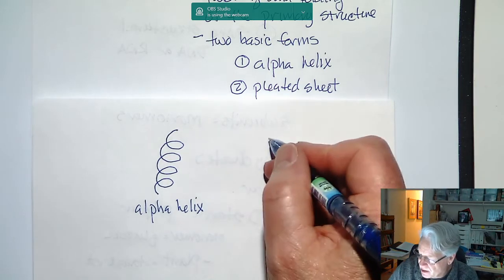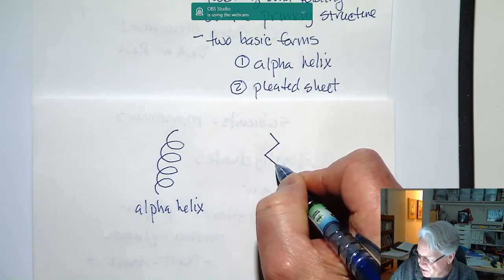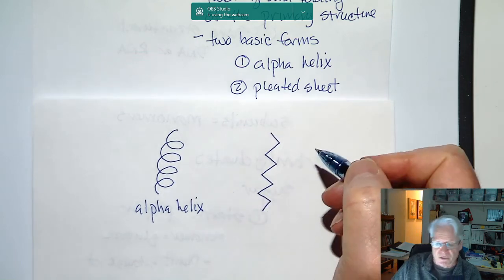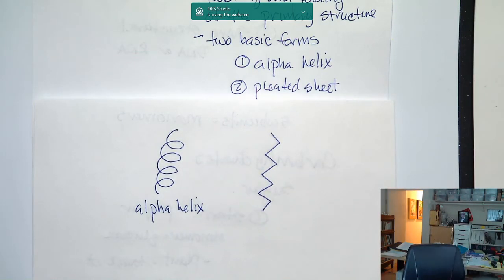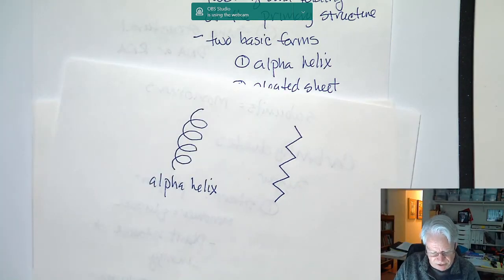The pleated sheet is a bending, is literally something that looks like this. So that long chain will simply create what looks like stairs. And let me very quickly demonstrate this using a sheet of paper. So I've got a sheet of paper here, and I'm just going to very quickly fold it.